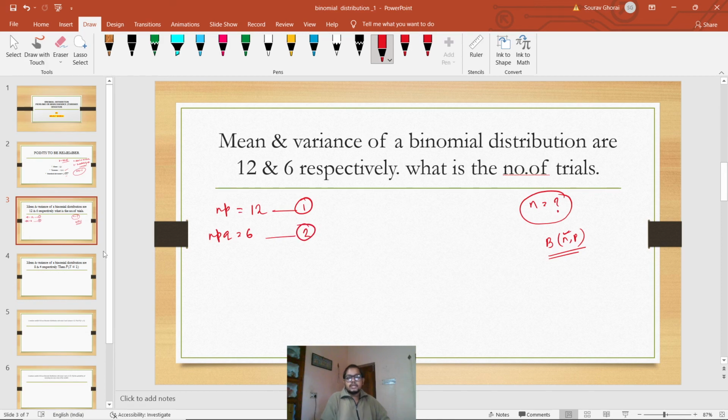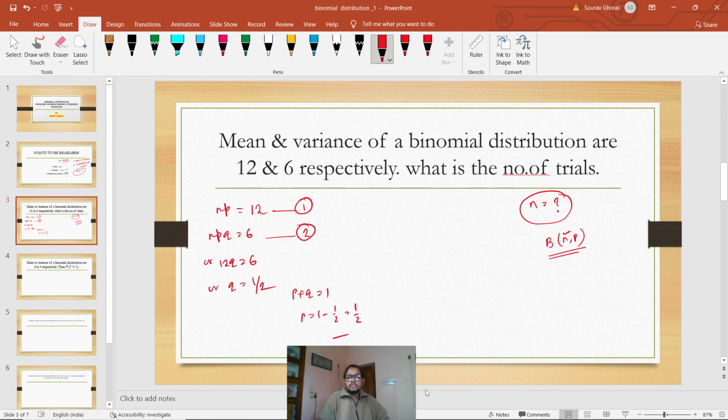Now if we use the results of 1 and 2, from here 12q is equal to 6, or we get q is equal to half. And now if we use the relation p plus q is equal to 1, we find the value of p, that is half.